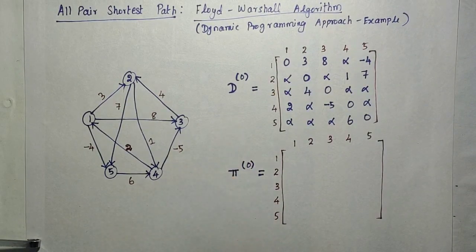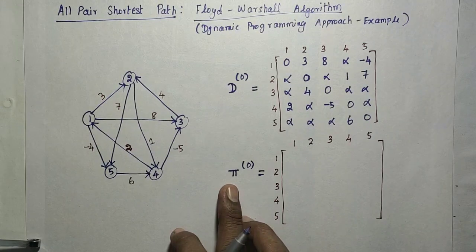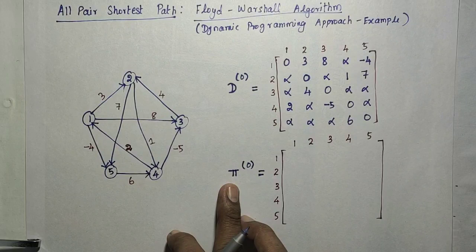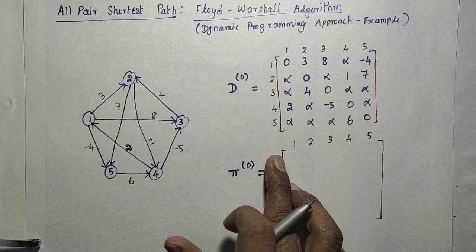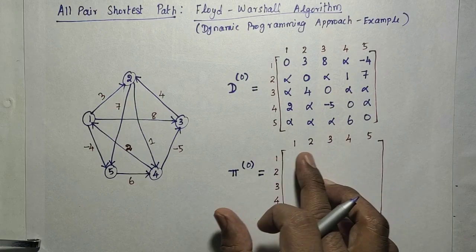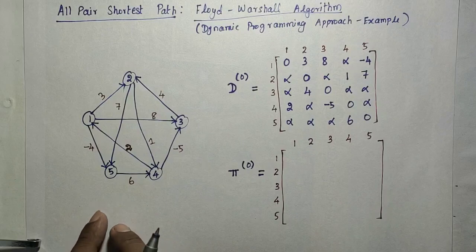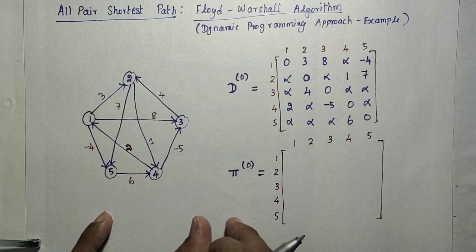Similarly, we need to take another matrix called the parent matrix. It keeps track of the parent for any two vertices i to j. If I want to find the shortest path from i to j, who is the immediate parent?